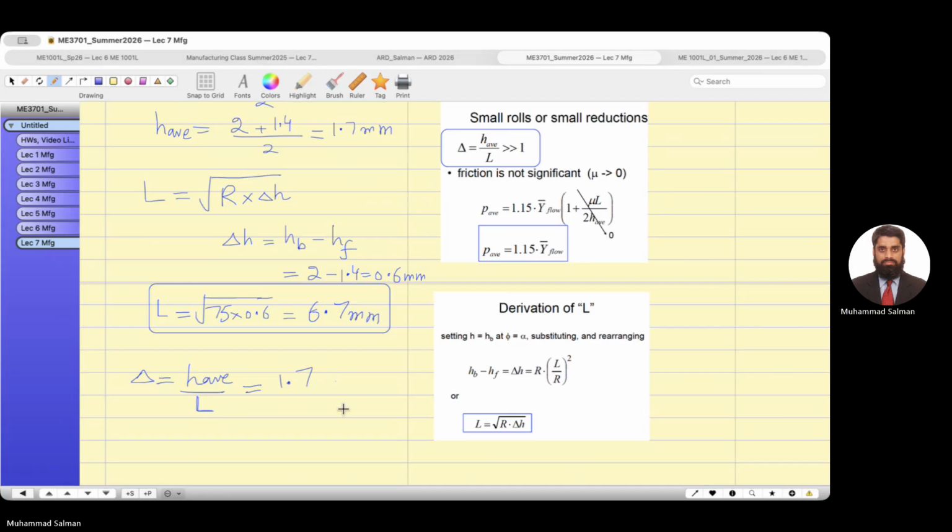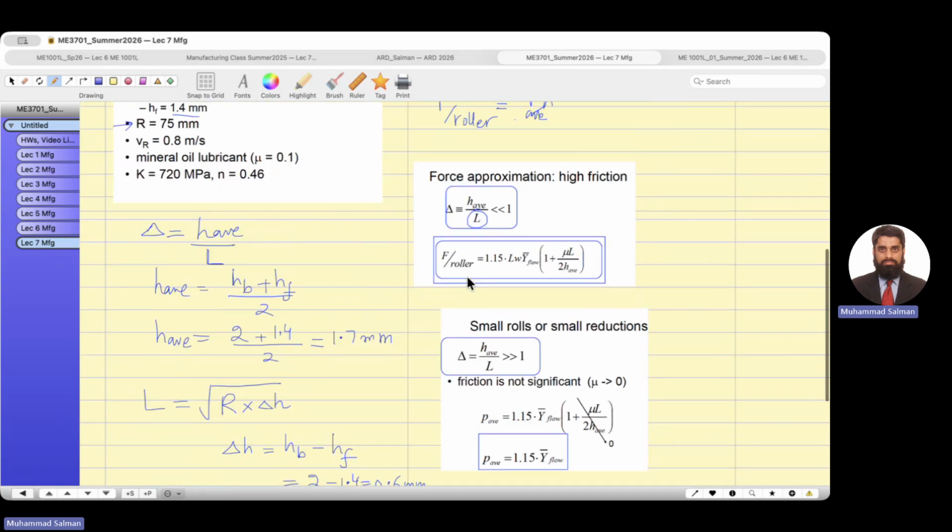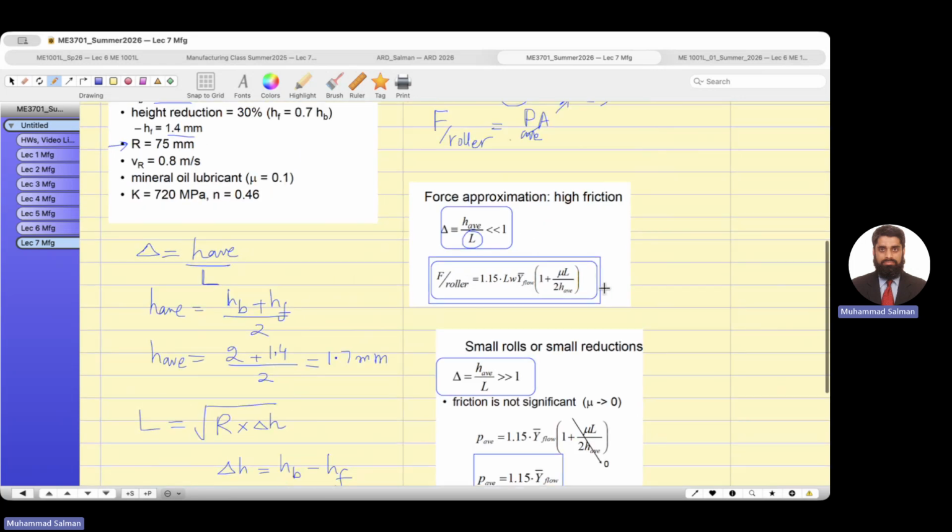1.7 divided by, what is this? Is it 0.25? Less than 1. So this is a case of large roller. So you will use this formula.